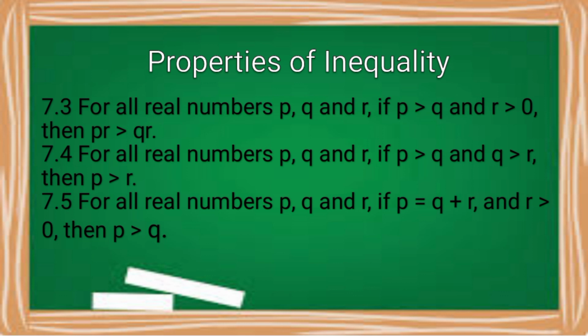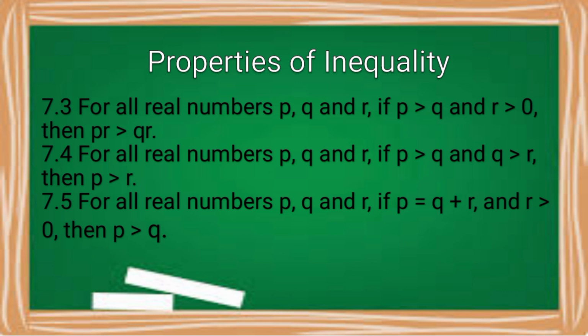For all real numbers P, Q, and R, if P is greater than Q and R is greater than 0, then PR is greater than QR. Number 4.